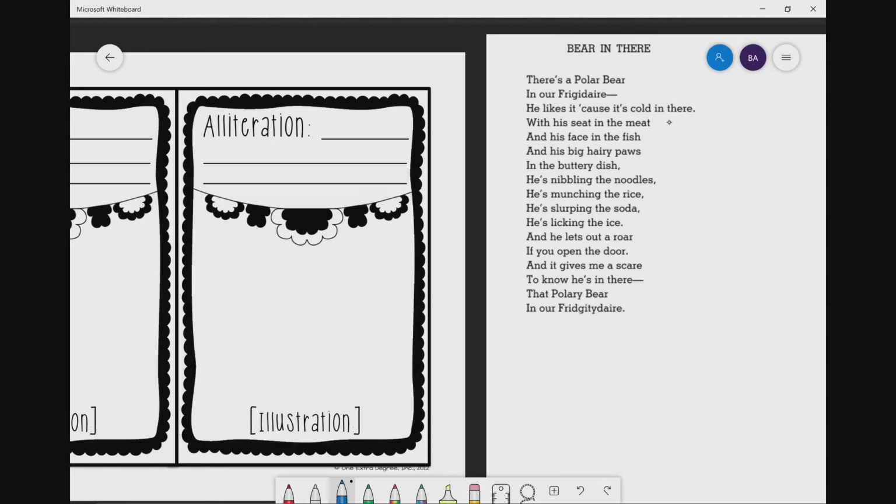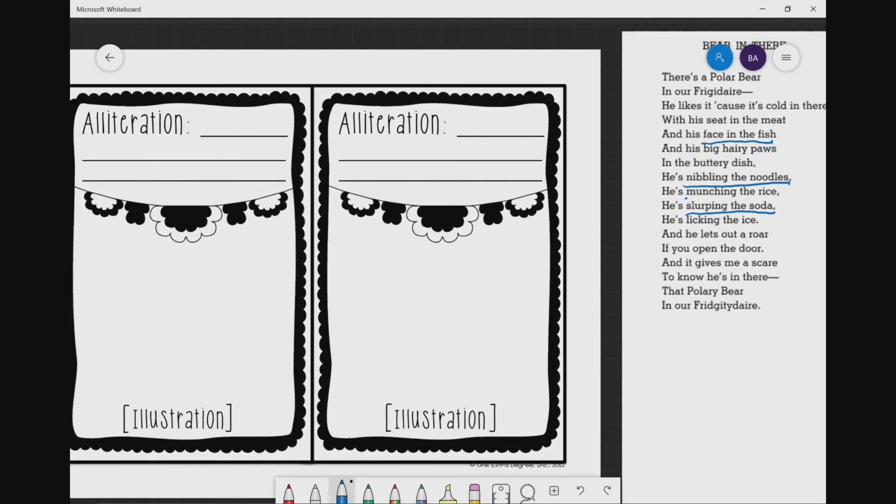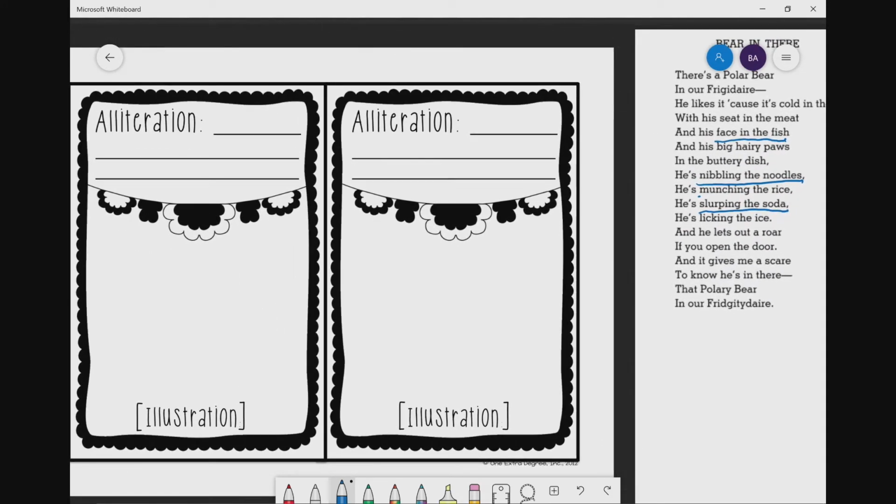So let's start with, he's got his face in the fish. So we have that F sound in face and fish. We've got he's nibbling the noodles. He's slurping the soda. And I think that's it for this one. All right, so I am going to choose two of those examples of alliteration, and I'm going to write them in.